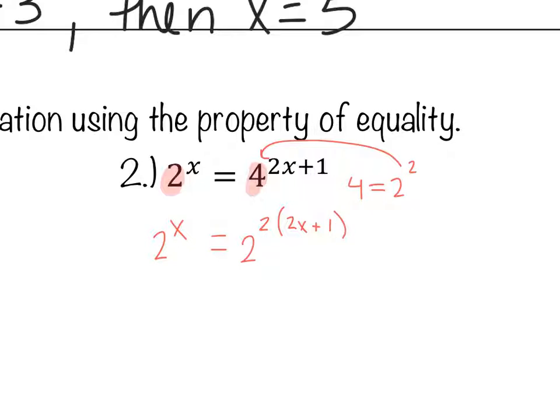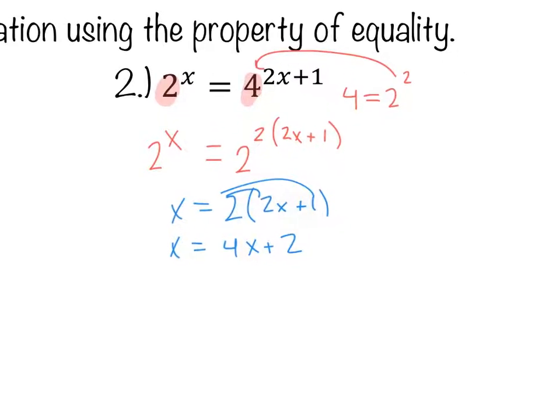Now we have the bases that are the same, and so we can just set the exponents equal to each other. So it's simply x equals the other exponent, and x equals 4x plus 2.